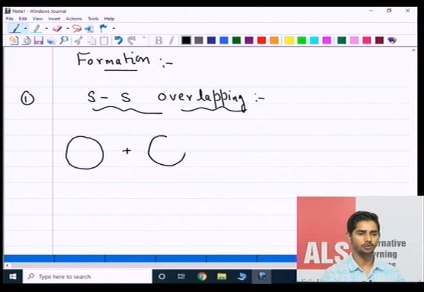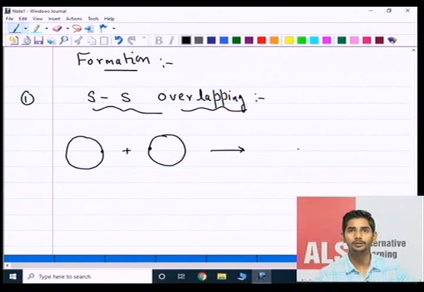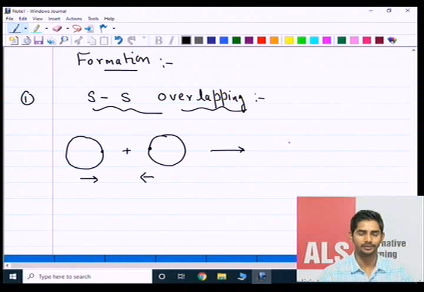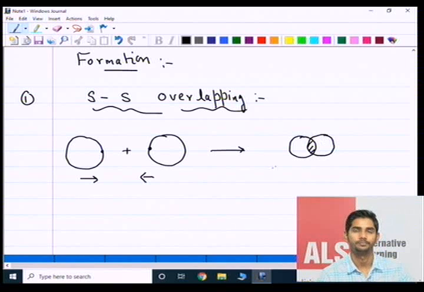This is also your s orbital. Definitely, both carry the electrons. So when they overlap with each other, they will overlap like this. This is your sigma bond.